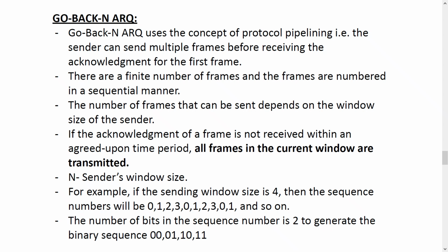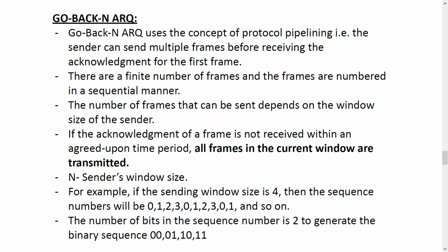You tell me the first difference is in the usage of the sliding window concept. And this means that Go-Back-N uses the pipelining concept. It sends multiple frames before receiving an acknowledgement for the first frame. It doesn't wait for each frame individually to receive its ACK or NAK.